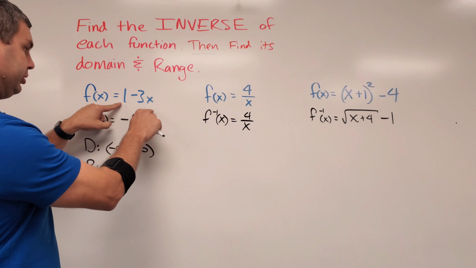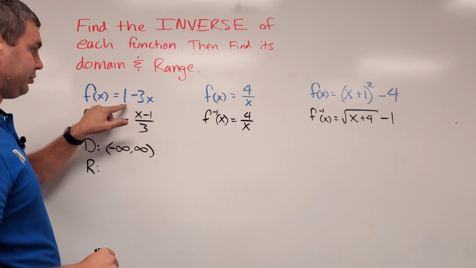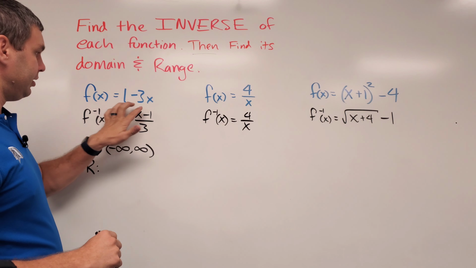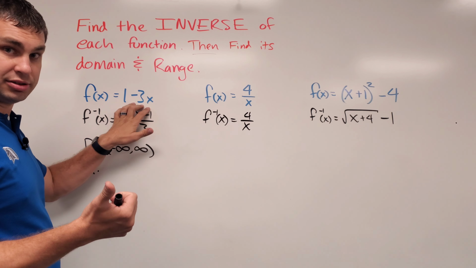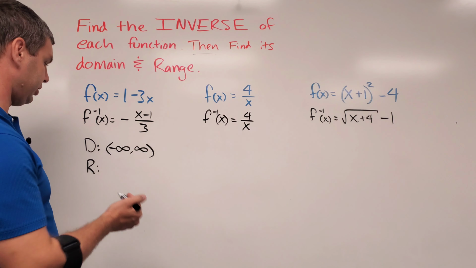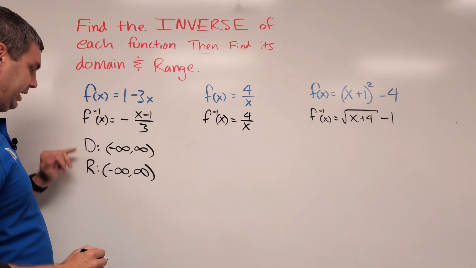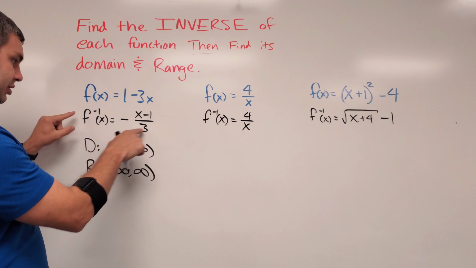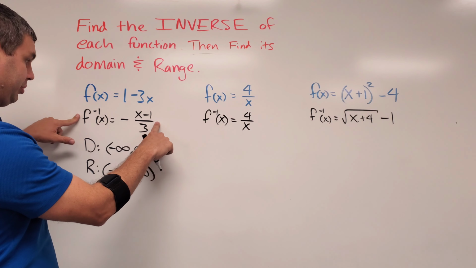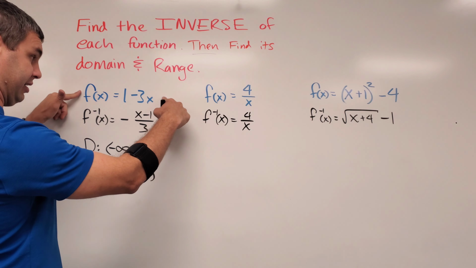So if I go back to the blue and I see that this is f of x equals 1 minus 3x, again, there's no fractions, and there's no square roots here. So it's also going to be from negative infinity to positive infinity. So the domain and the range is how you do it. The domain is the domain of the black one. The range is the domain of the blue one.